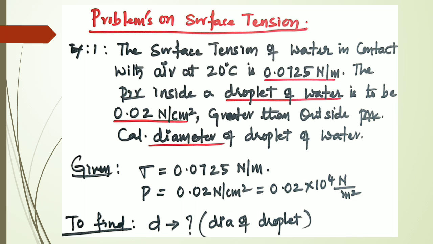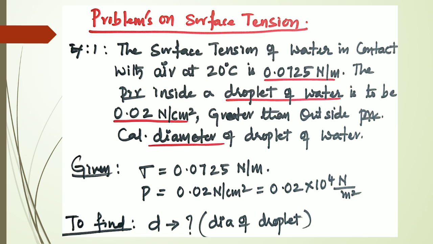So pressure is given, in Newton per centimeter square or Newton per meter square. This pressure is greater than the outside pressure. Okay, fine. Calculate the diameter of the droplet of water. So you need to calculate the diameter of that liquid droplet.